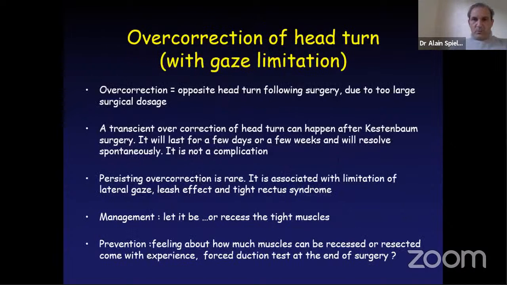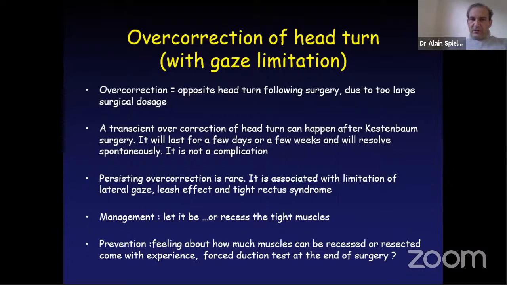Now we move to over or under correction of head turns. In case of Anderson-Kestenbaum procedure, what I call overcorrection of head turn is an opposite head turn following surgery, the head turn in the opposite way, due to too large surgical dosage.